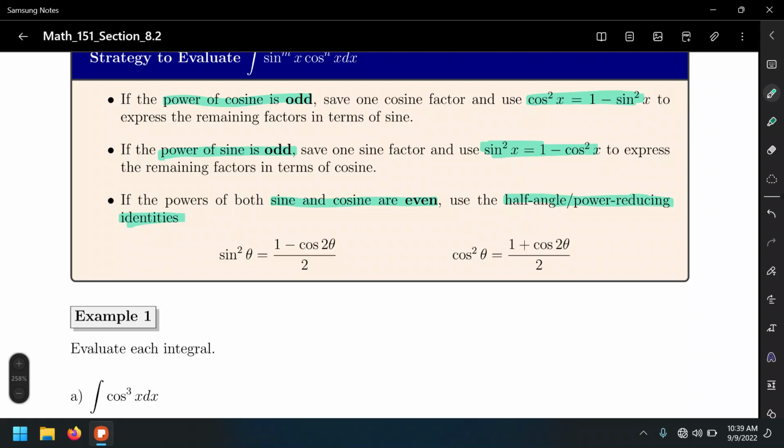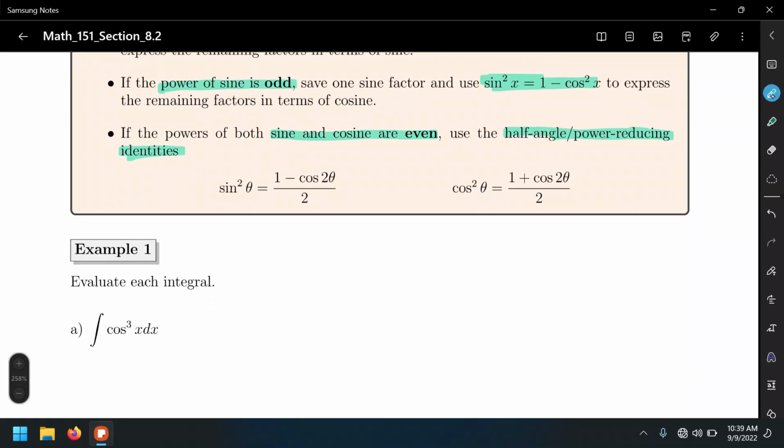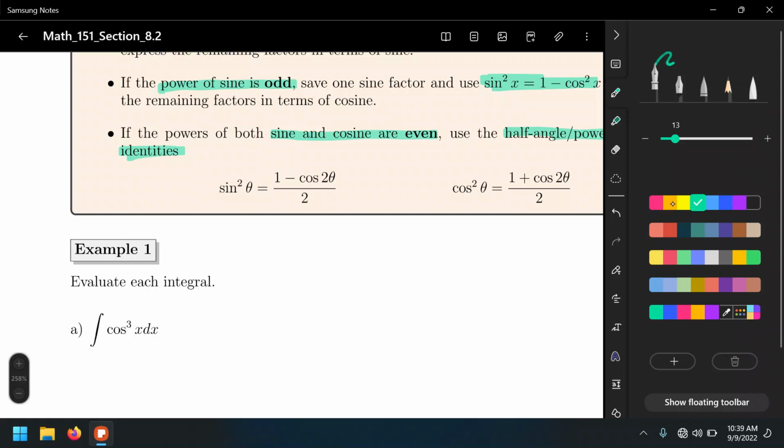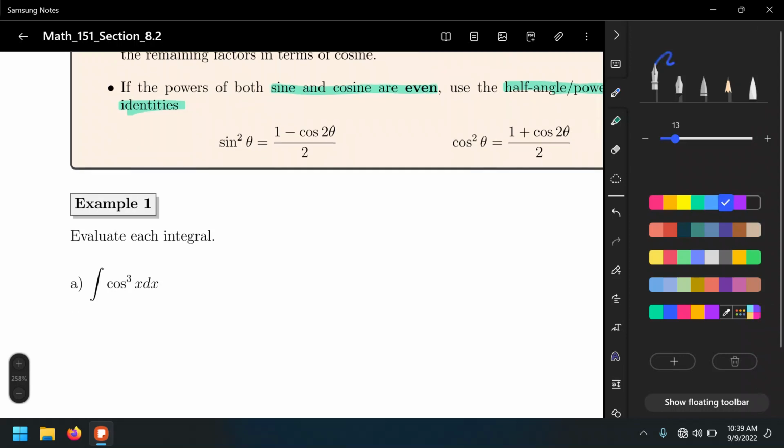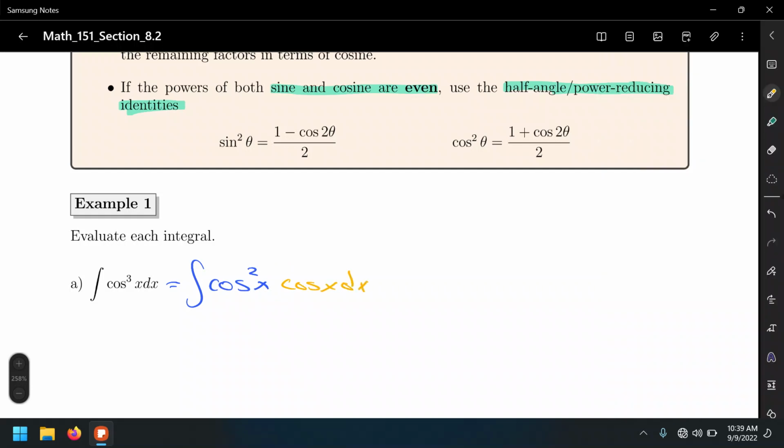I'm going to use different colors so you can see what we mean by saving one power. So I'm going to rewrite this integral of cosine cubed as cosine squared x times cosine x dx, saving one of the powers of cosine as stated in the guidelines above.